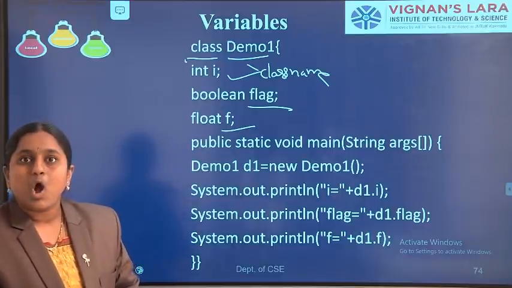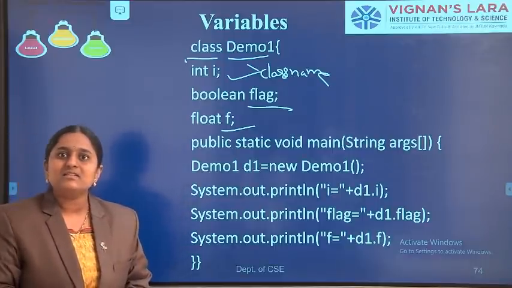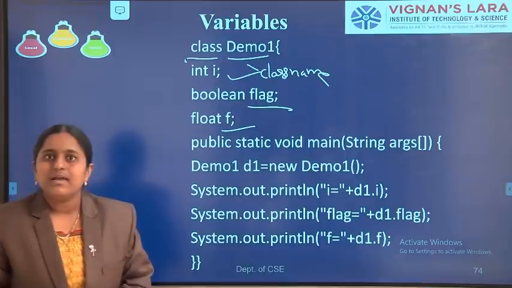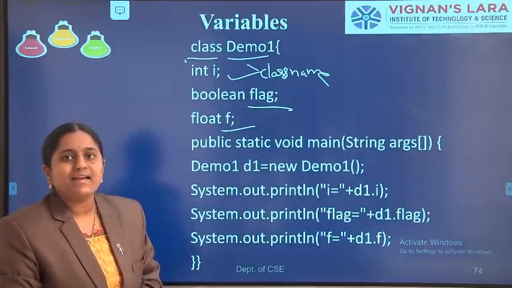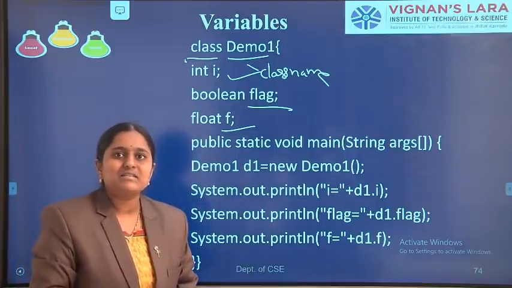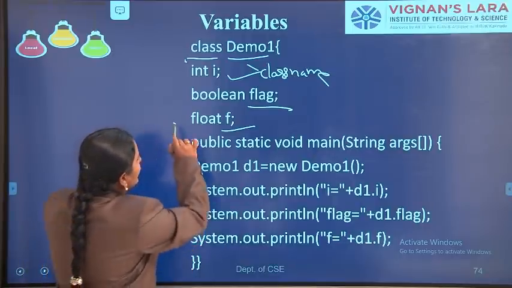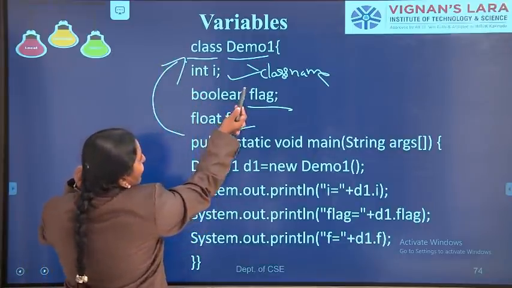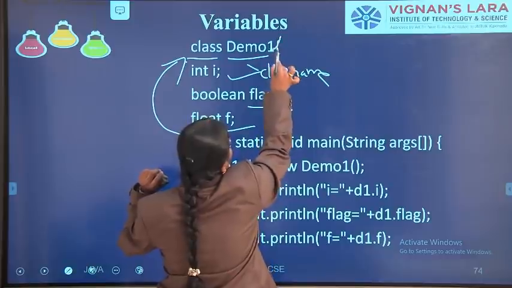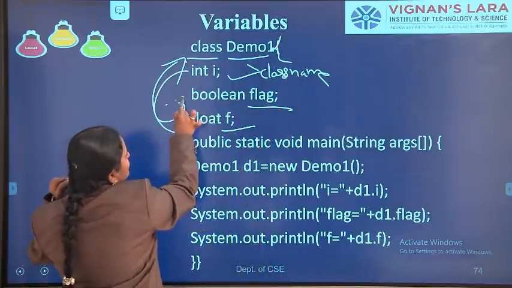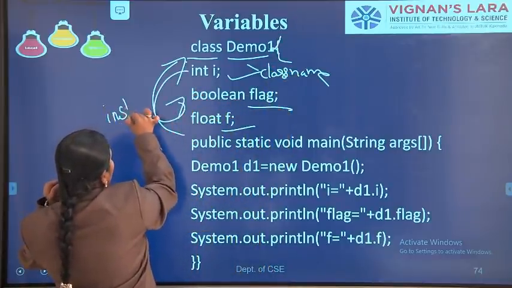What is an instance variable? Any variable defined within the class is called an instance variable. These 3 variables are defined within the class, so we simply say they are instance variables.